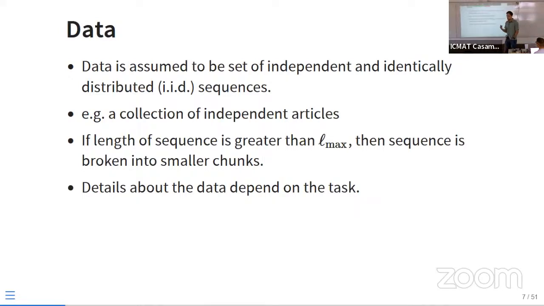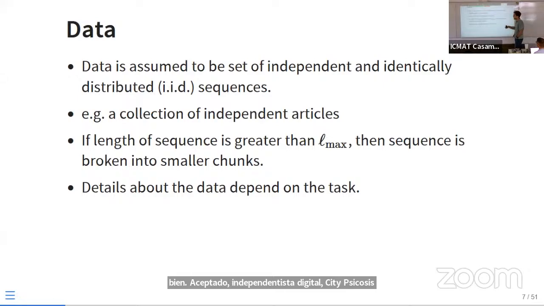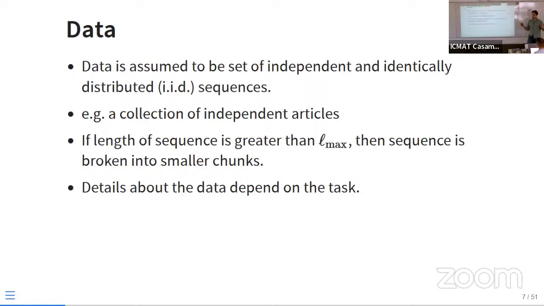So we assume that we have training data, and the working assumption of transformers, or machine learning in general, is that our data is a set of independent and identically distributed sequences that come from a certain probability distribution, for instance a collection of independent articles. If we have a sequence with length greater than the maximum length, we are going to divide it into chunks, nothing else.